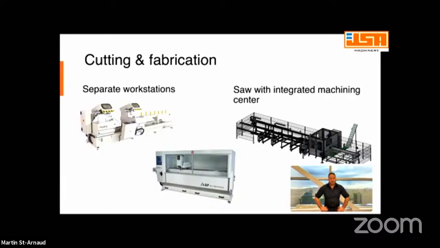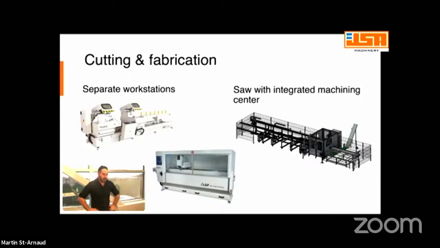Those saws are now capable of working at the same flow as a high-speed welder. So if you're looking at welding plus or minus 400 squares, you're now able to cut those 400 squares and fabricate them as well at the same speed.